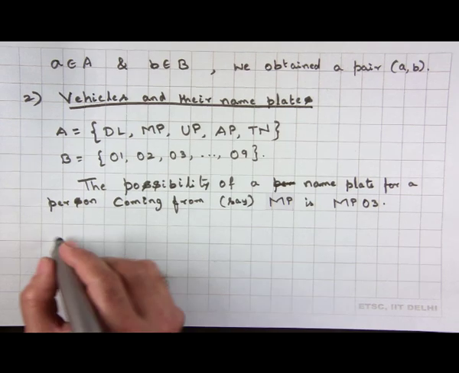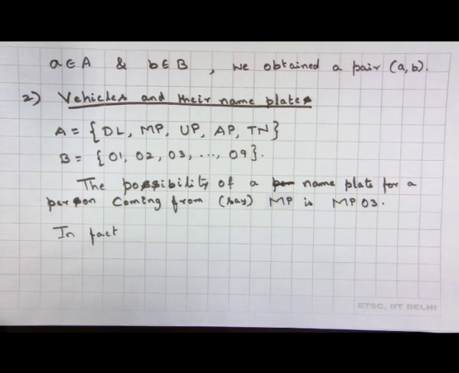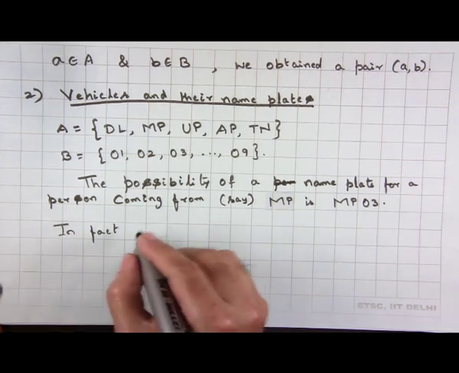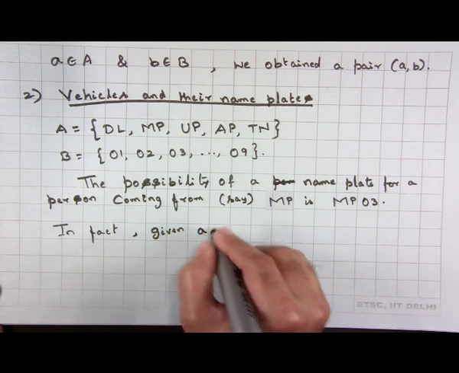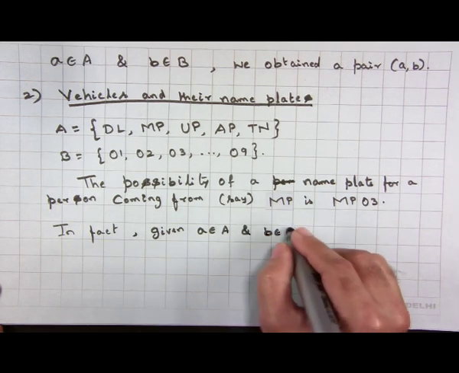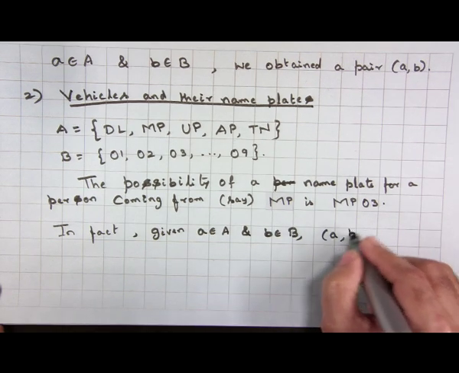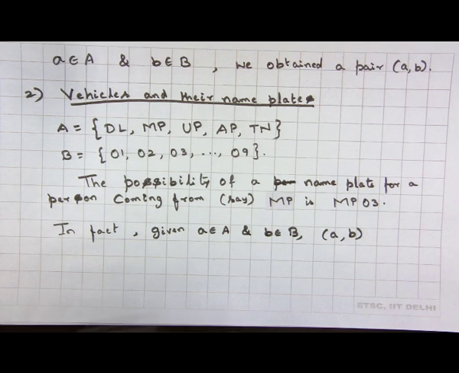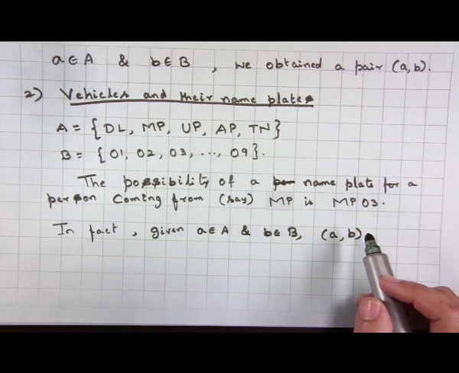In fact, what is happening? Given a in A and small b in capital B, the pair a comma b tells you, the first a tells you the state to which the vehicle belongs.